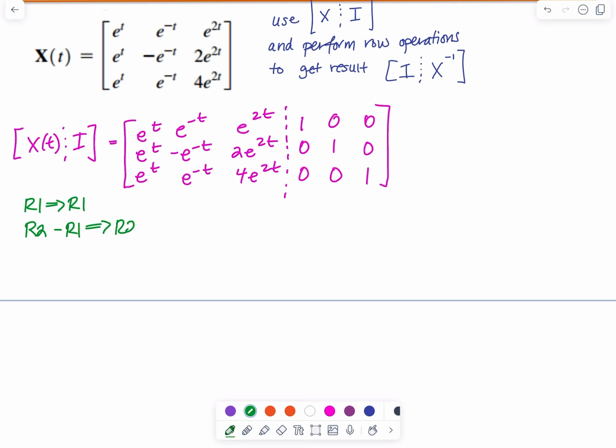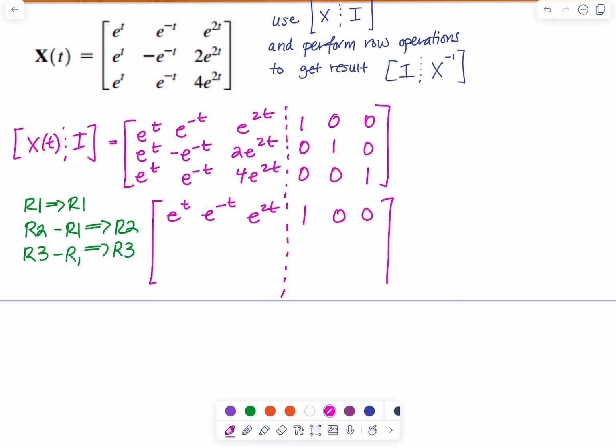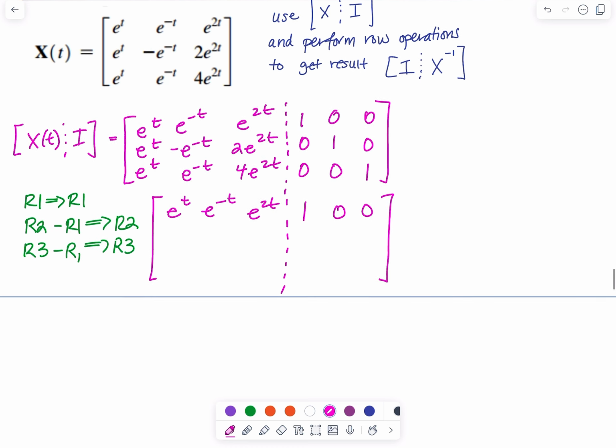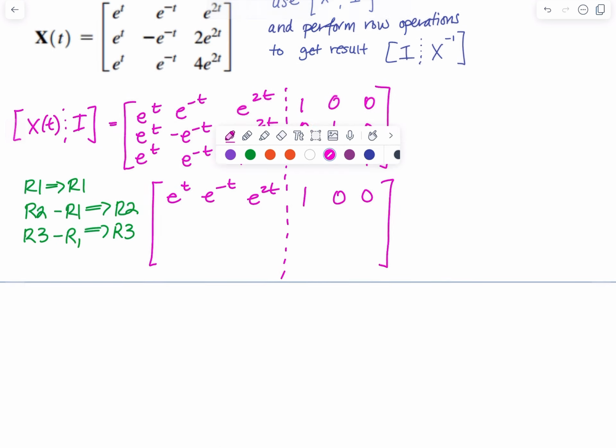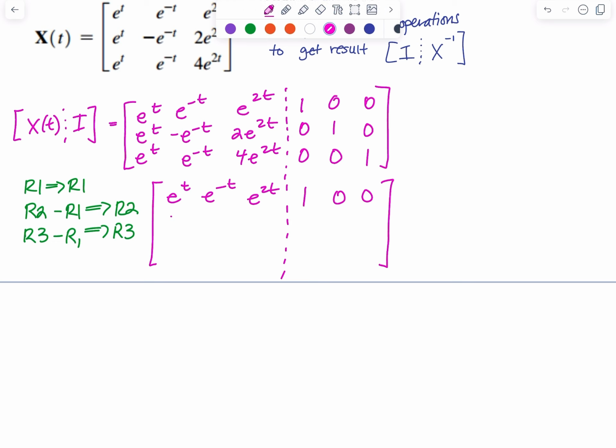And then we will also have row 3 minus row 1, and that will be our new row 3. So let's go ahead and do that. Row 1 is going to remain. Now we're going to take row 2 minus row 1, and you can see we have a 0.